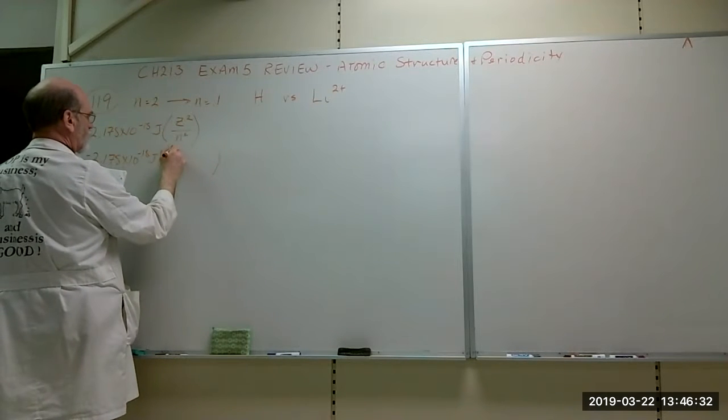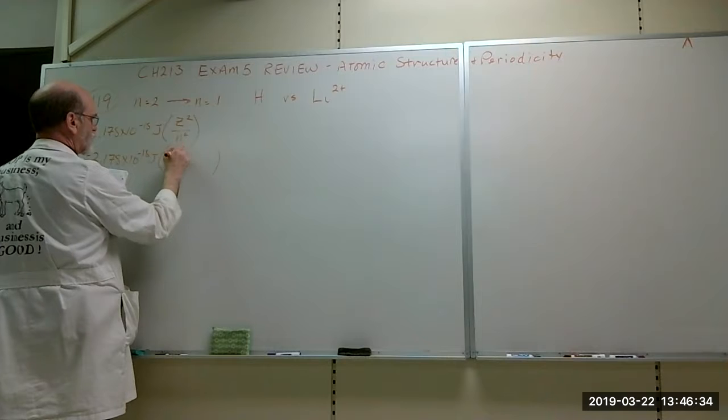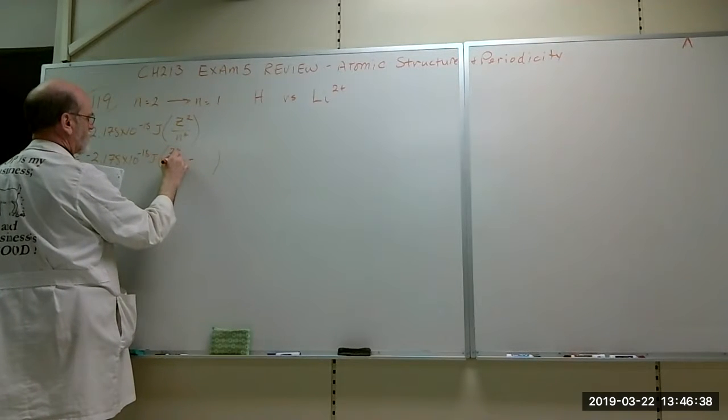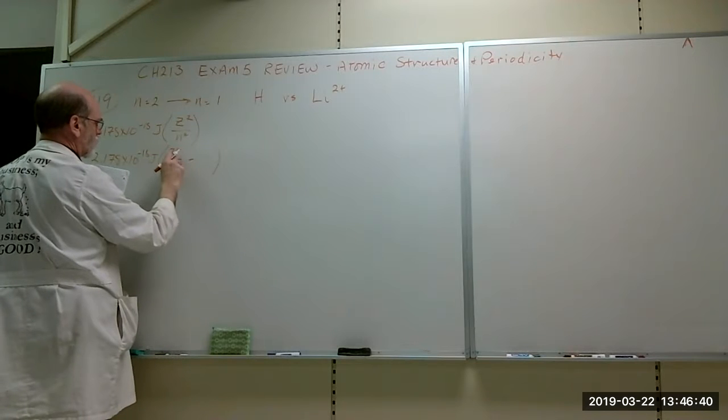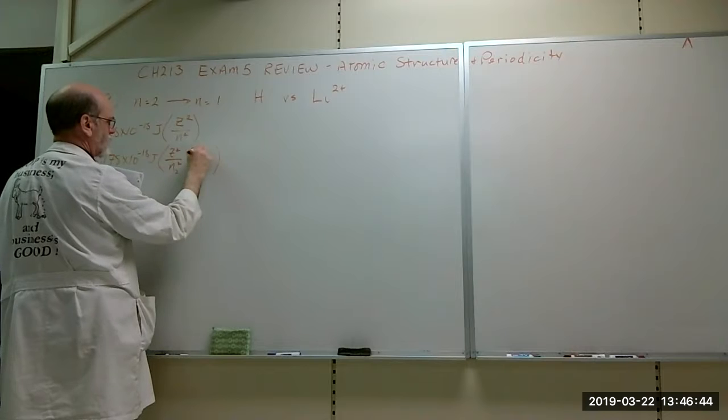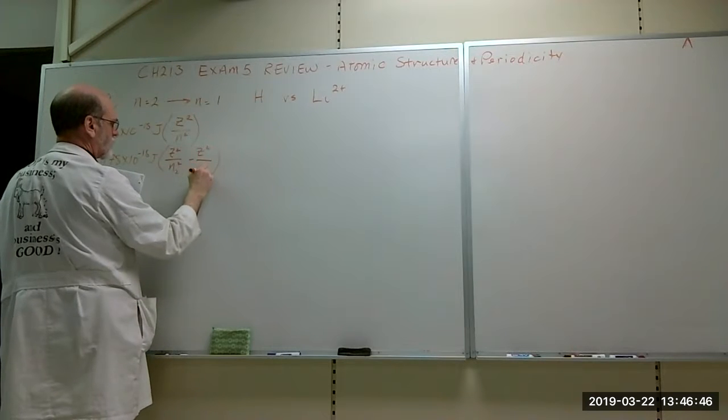So we have this one would be Z squared over 2, and Z squared over 1.